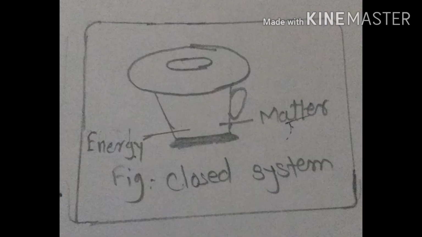Now the second system is a closed system. In this figure, a cup containing hot coffee is covered with a saucer. The coffee cools down by giving away heat to the surroundings. The water vapor from the coffee now does not pass into the surroundings.